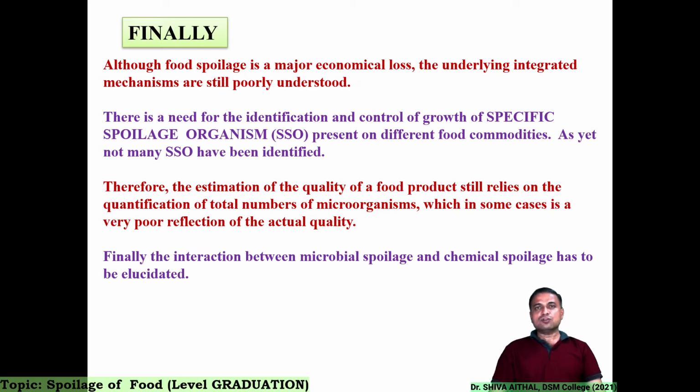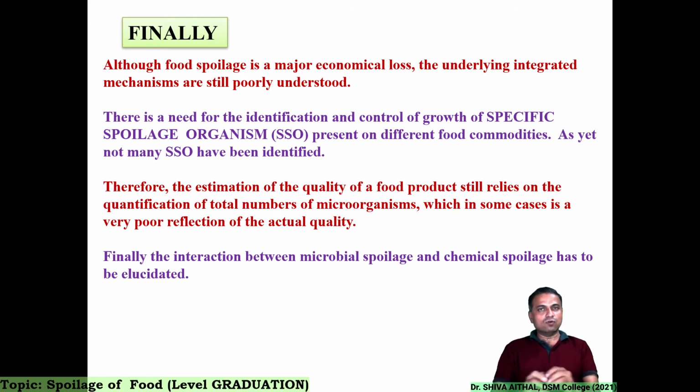Therefore the estimation of quality of a food product still relies on the quantification of total numbers. What we do, we bring the food, see the total number of microorganisms and say if there are a lot of microorganisms, this food is bad. That is true. A larger amount of microorganisms means that it has grown there. Why it has grown, and if it has grown, it is producing some chemicals, biochemicals, slime, etc. Getting the point?